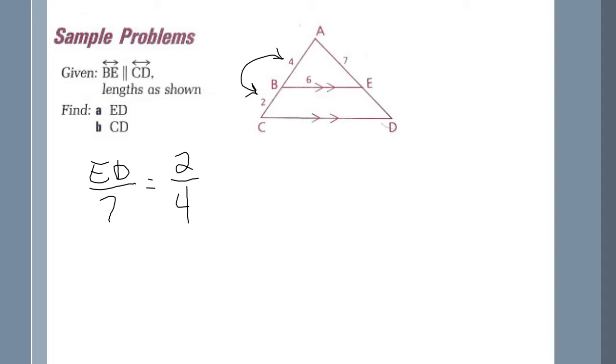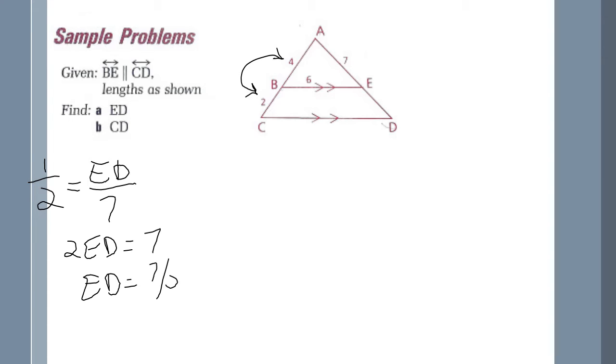We can simplify this further and say 1/2, because 1/2 is equal to 2/4. Now we just cross multiply and divide. So 2 times ED equals 7. So ED is equal to 7/2, or 3 1/2.